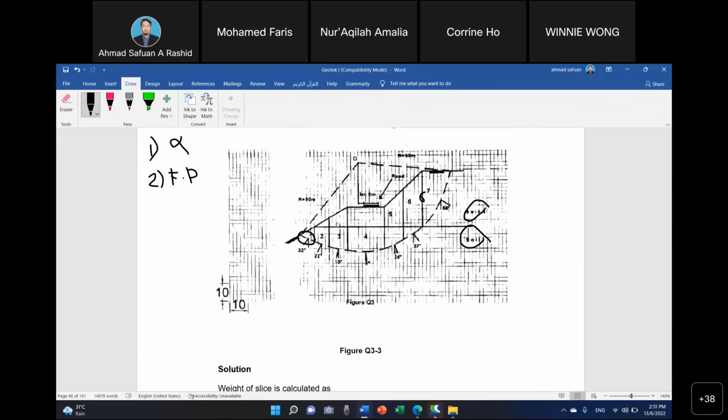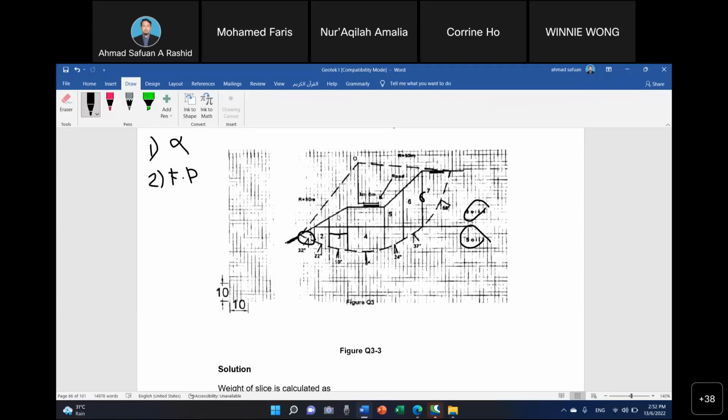This is slice number 3. First, get the width of the slice. We need to count how many boxes. Five boxes is equal to 10, so each box has a scale of 2.